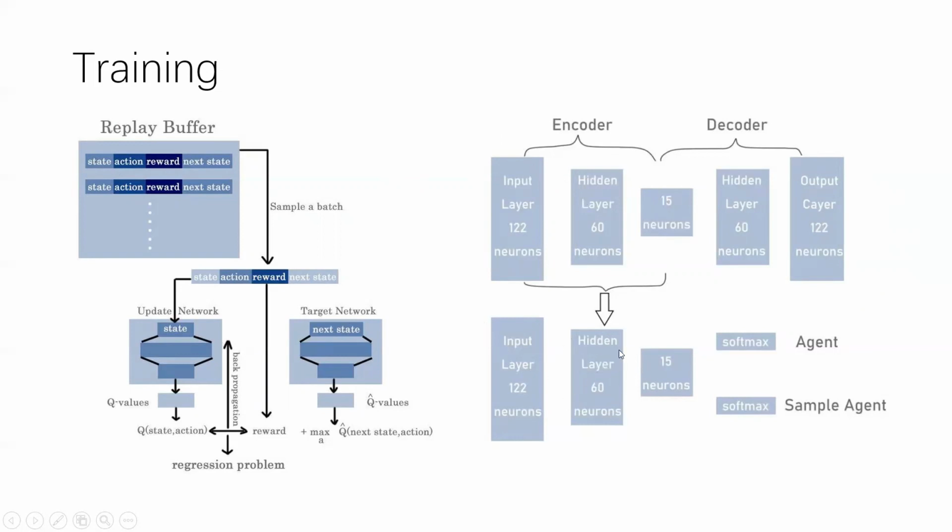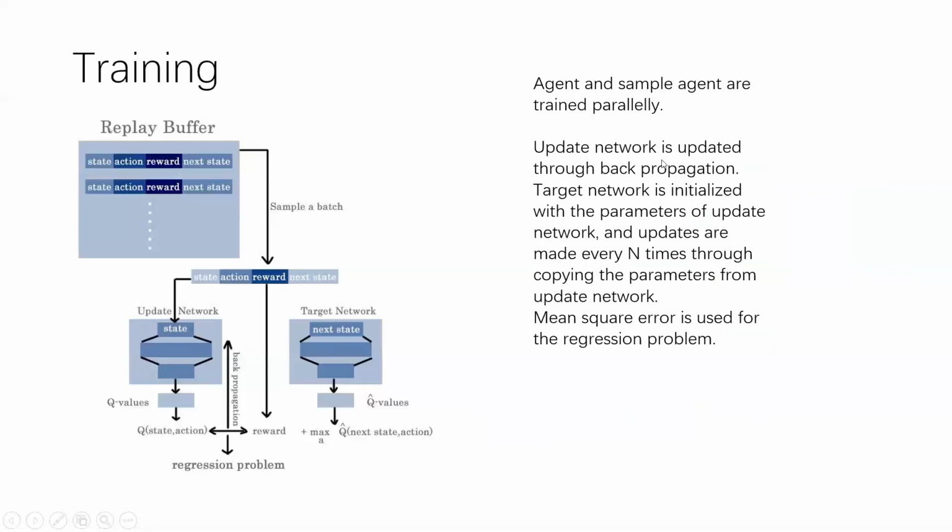The first three layers are shared, and an additional softmax layer is added for classification, and another softmax layer is added for the sample agent. The agent and the sample agent can share the first three layers because the first layers are basically used for feature learning. So the agent and the sample agent are trained in parallel.